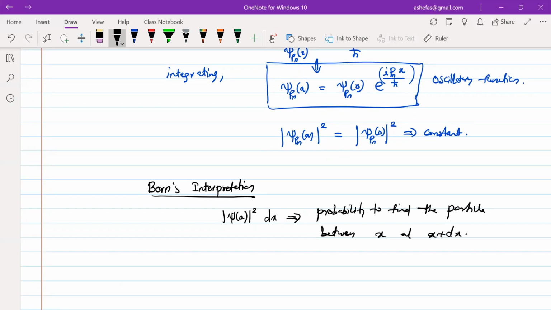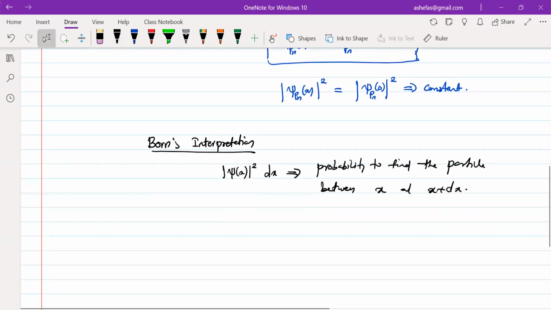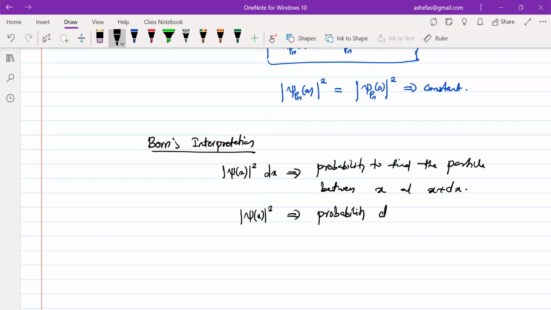If you multiply mod psi of x square with dx, where dx is the infinitesimal quantity, then by definition, it is a probability to find the particle between x and x plus dx. So higher the probability density means it is more probability to find the particle at that location. The mod psi of x square is called the probability density of particle at position x.